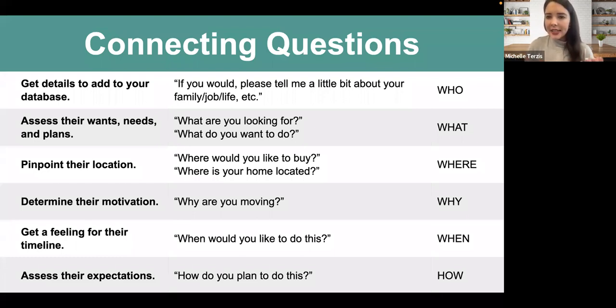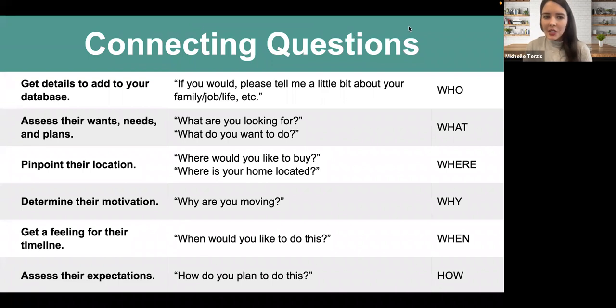But then you find out that they're not that motivated because the husband's job and this and that. You want to continue to dig and ask those questions to figure out what the pain and pleasure is. You might find out that driving the kids to school is actually more of a pain, and that's why they're looking to move. There's going to be always different reasons.